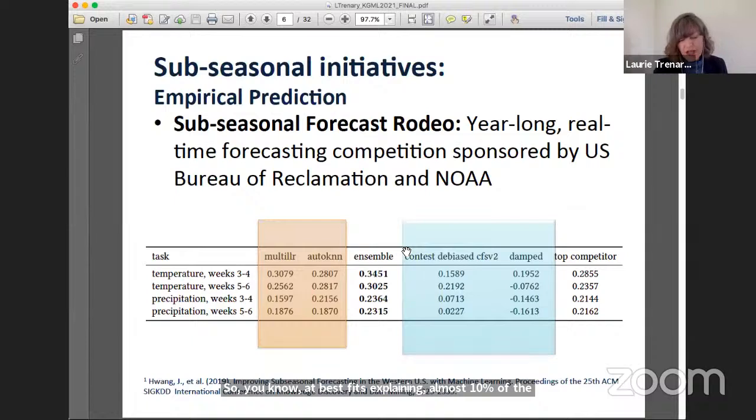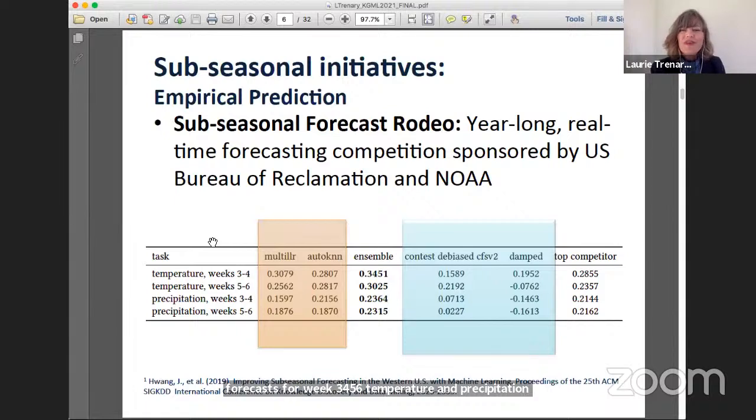Another initiative is developing empirical predictions. As Tim mentioned in his introduction, the Bureau of Reclamation partnered with NOAA, establishing the Subseasonal Forecast Rodeo, and they provided forecasts for weeks 3-4 and 5-6 temperature and precipitation in the Western US.